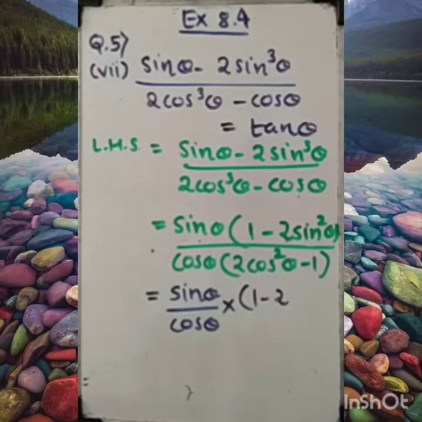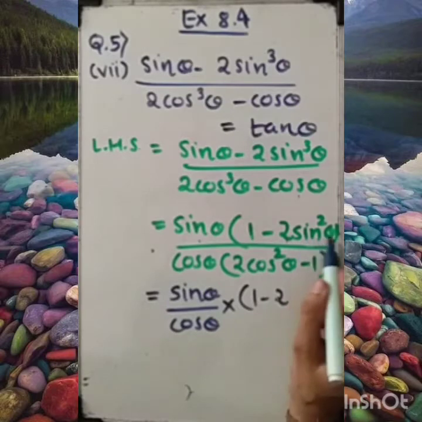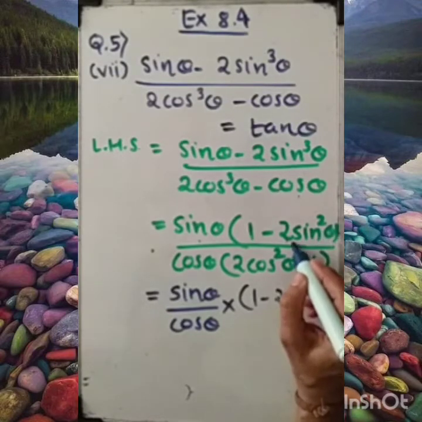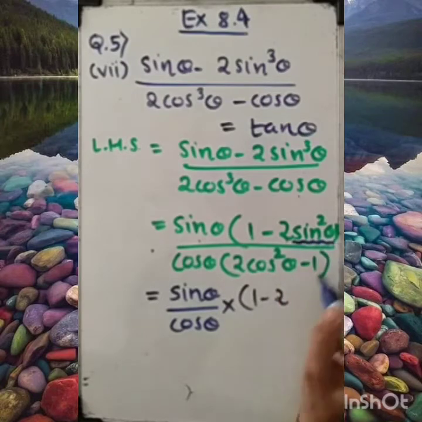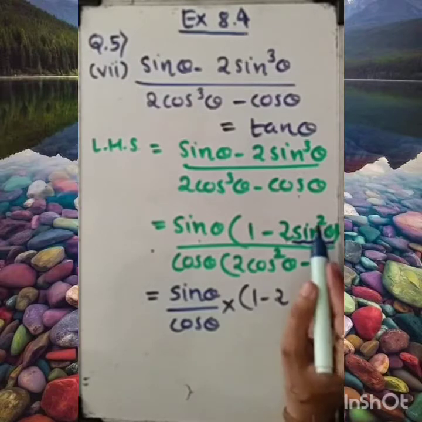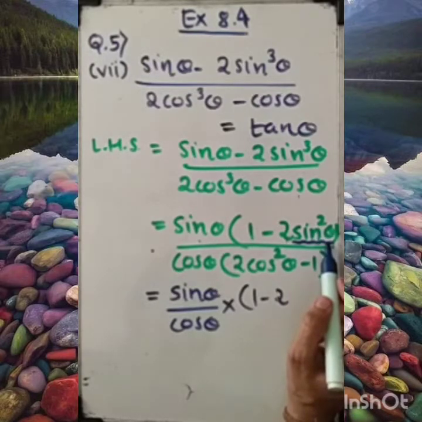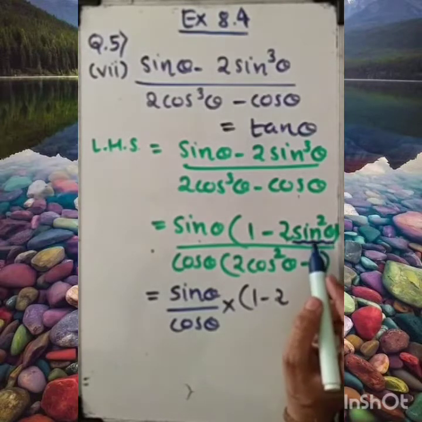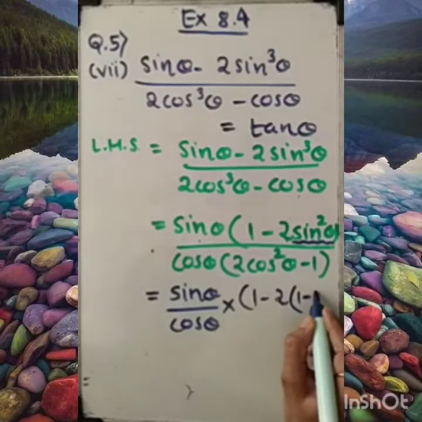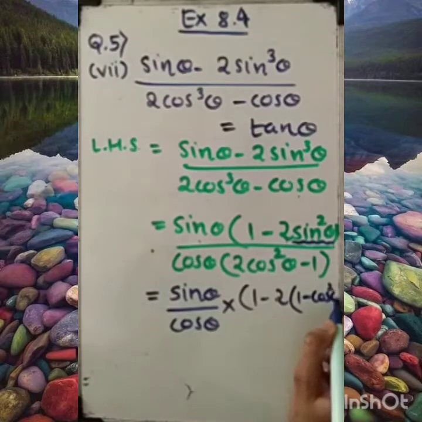So here I am converting sine into cos. So dear student, here I am using the value of sine square theta. Here I am putting its value. You look at your screen. You know the identity, according to the identity, sine square theta equal to 1 minus cos square theta. Dear student, be careful about this thing.